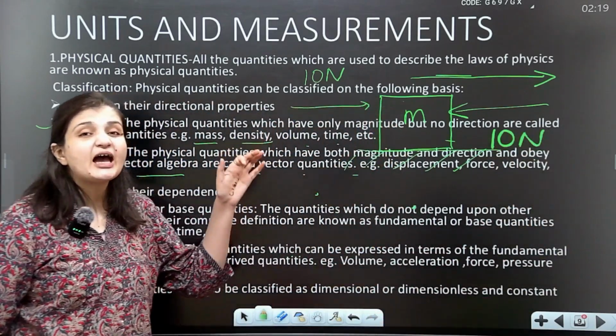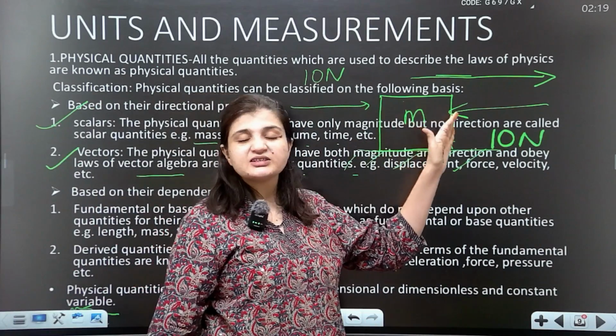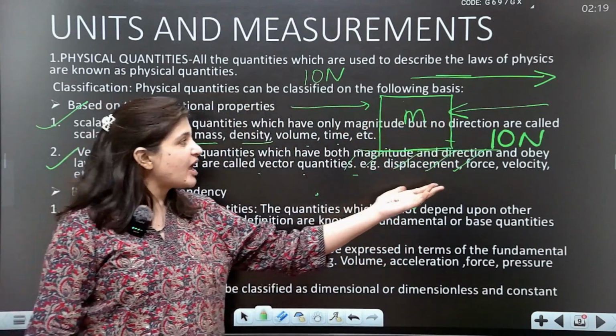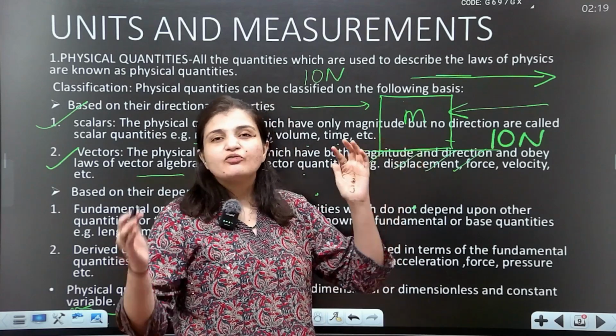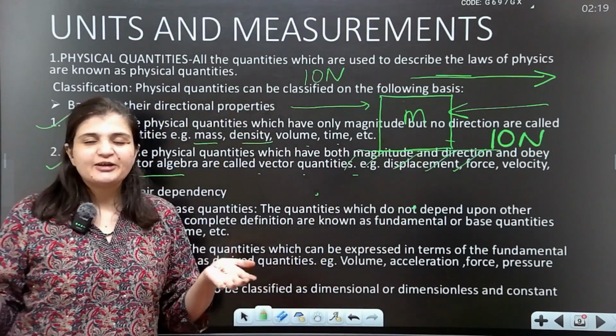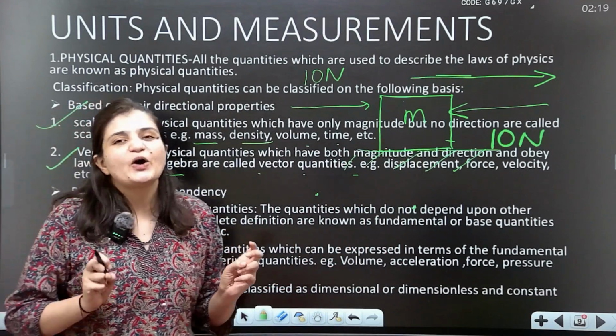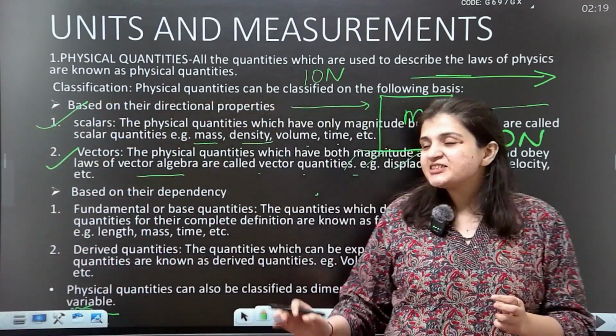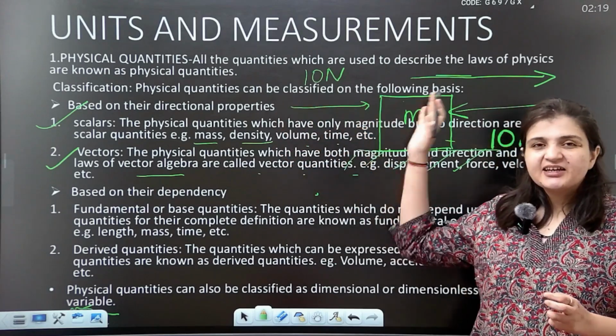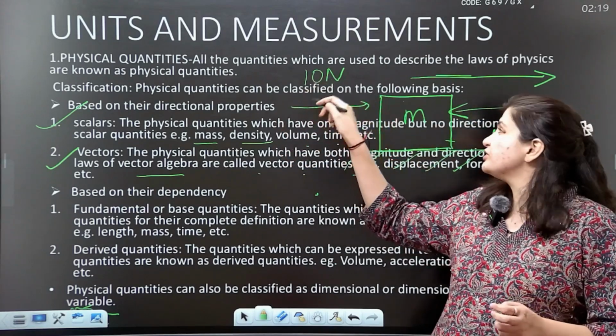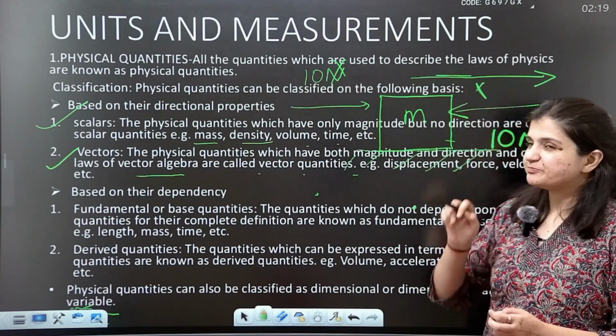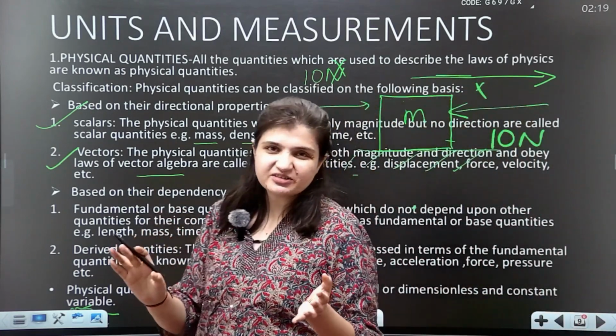So when we have applied this 10 Newton force in the right direction and also in the left direction, what will happen? If we ask the simple concept, what will happen now? This 10 Newton force is applied in the right, this 10 Newton in the left, both the forces will get cancelled. So there will be no motion.